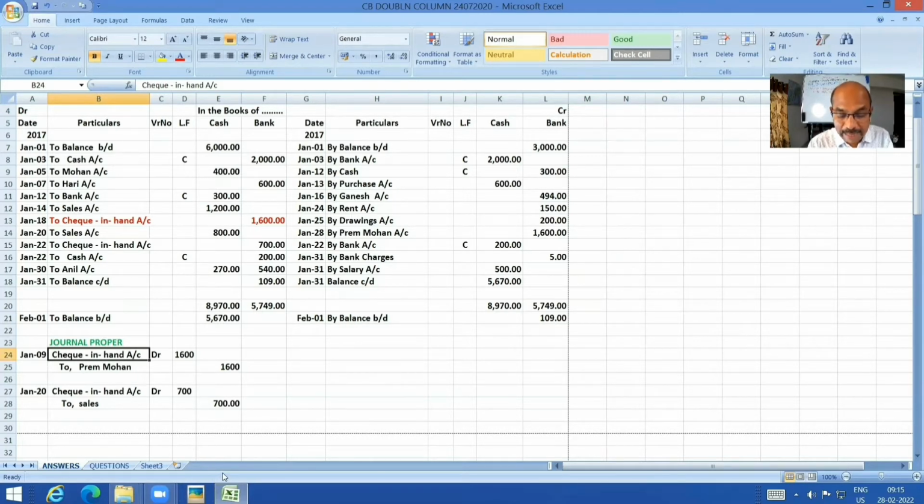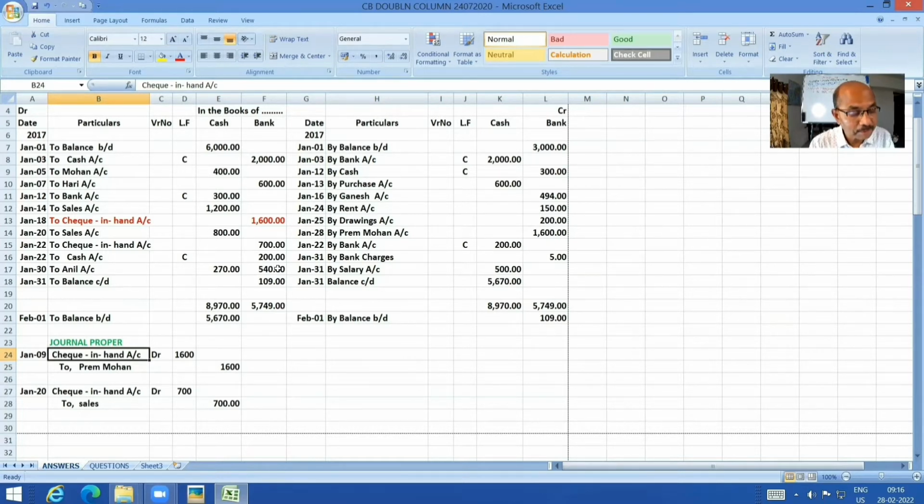Okay. Received from Anil 270 cash and by check 540. It's nothing complex. To Anil 270 in the cash column and 540 in the bank column. Okay. Discount allowed, I need not again and again tell you. Discount allowed has no place in cash book. The double column cash book, of course.